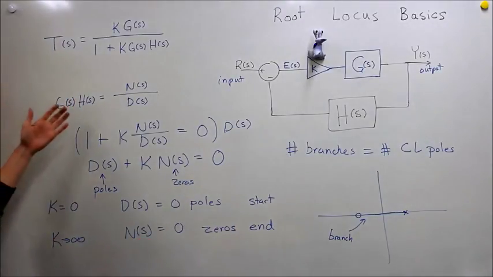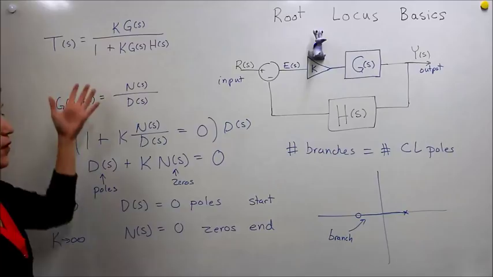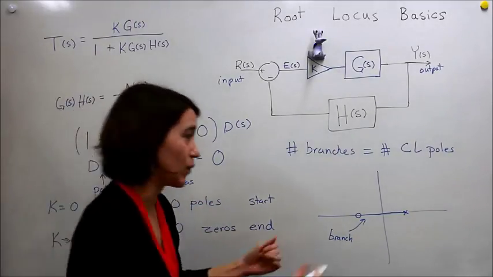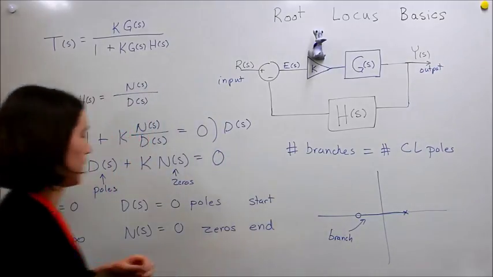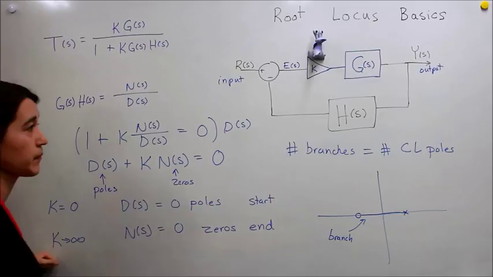It's the closed loop, so it's this full expression. If we have 1, we'll have 1 branch. If we have 20, we'd have 20 different branches, so 20 different lines that are going to map from k value equaling 0 to infinity.